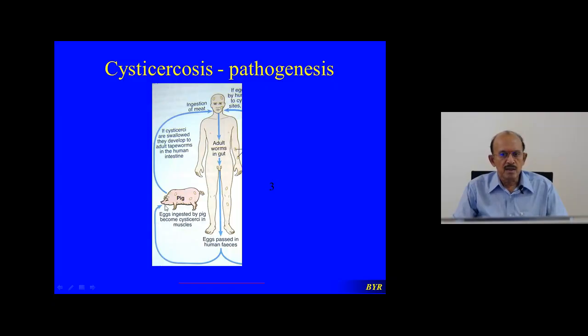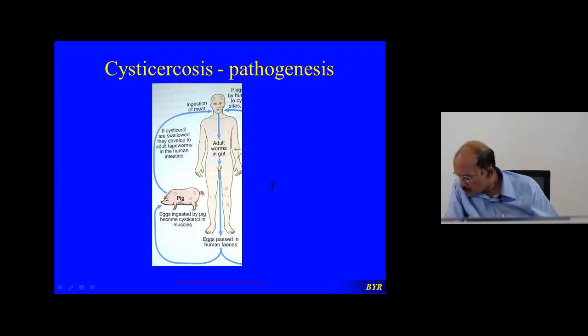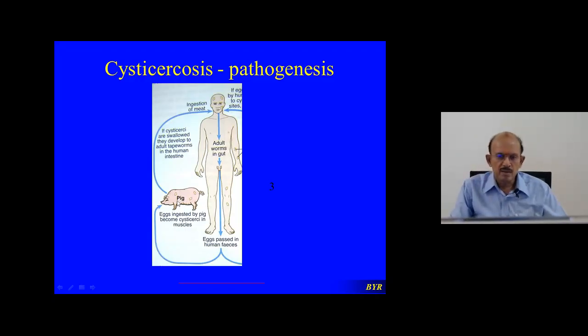The pig devours the feces, and these eggs pass into the pig's alimentary tract and become cysts in the muscles or subcutaneous tissues of the pig.